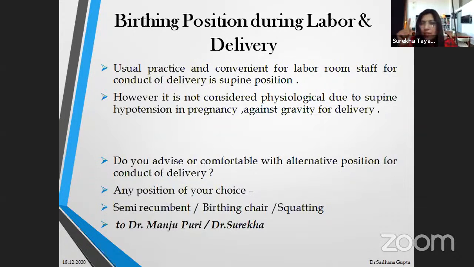Secondly, once you start the protocol of giving IV fluids to all patients, that becomes very difficult in situations where the patient is quite anemic. In institutions, we are still getting patients with severe anemia, and we need to individualize, again, according to what we have said, 250 ml per hour.